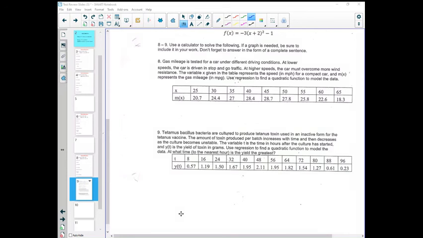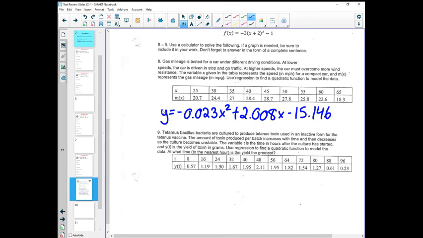So just to recap what we did in the calculator, we plugged in the data for question 8 and got the equation y equals negative 0.023 x squared plus 2.008x minus 15.146. On question 9, we did the same thing.